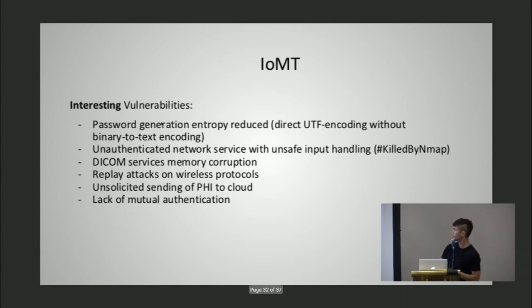And I'm not sure how much time we have. I'll jump straight to some of the interesting vulnerabilities. One of my favorites, although it wasn't a high-risk finding, involved password generation entropy that was reduced because they hadn't done binary to text encoding first, and they just did UTF encoding.